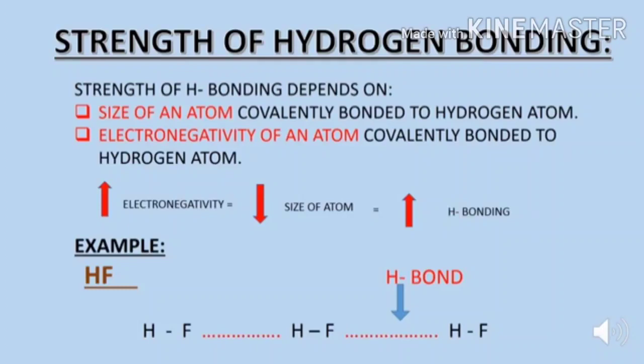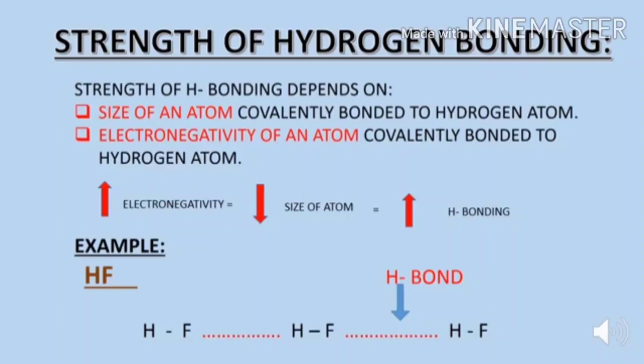Now, what are the conditions for the formation of hydrogen bond? There are basically two conditions for the hydrogen bond. First, the hydrogen atom must be linked with a highly electronegative element, and the other condition is that the size of the electronegative element should be small.